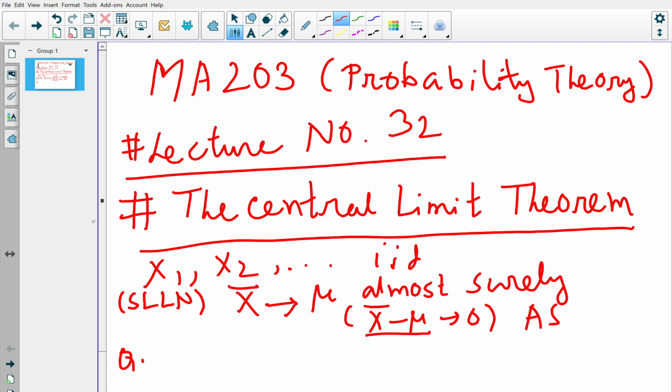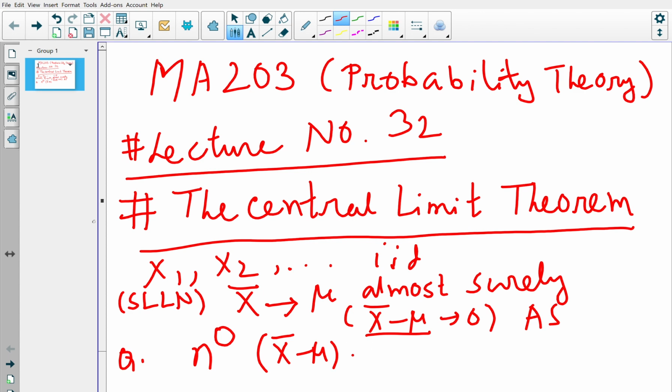Mathematically, you want to find the rate of convergence. So you multiply by a number, n power alpha, and check whether this converges or not.